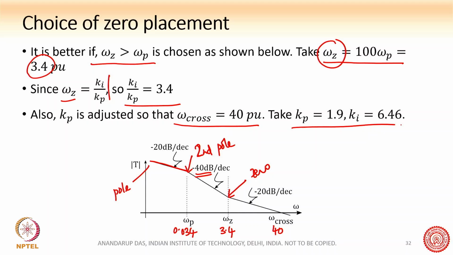I took the help of MATLAB a little bit, but I can also do it by hand calculation. Kp equal to 1.9 and ki equal to 6.46. In this way the crossover frequency is 40 per unit, and I have a plot like this, which is a nice plot.